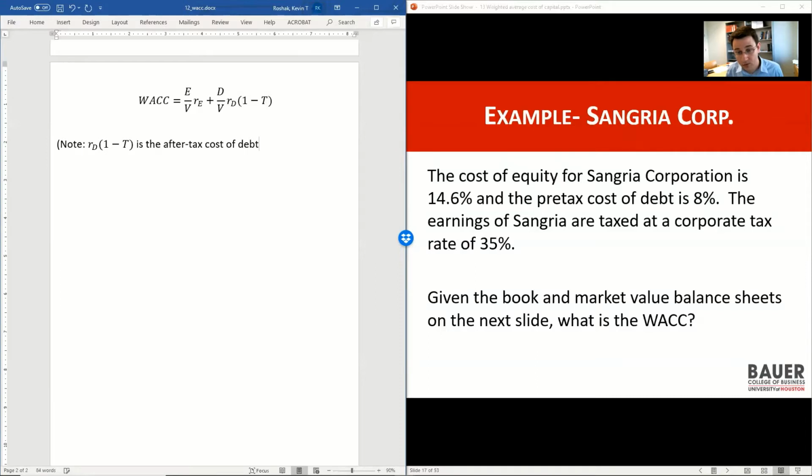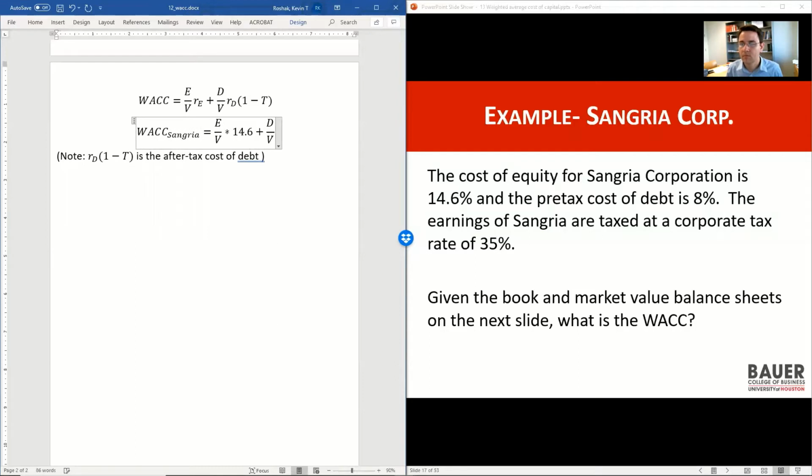RD is what the debt holders require, but that doesn't cost us RD, it costs us RD times 1 minus T. Okay, so for Sangria, we have the rates and we have the tax rate. We need to figure out debt and equity. We need to know how much of the company, V is the total value of the company, how much of that is financed with equity and how much is financed with debt.